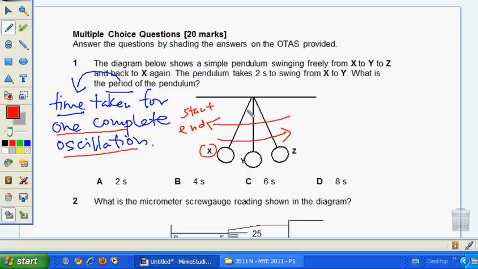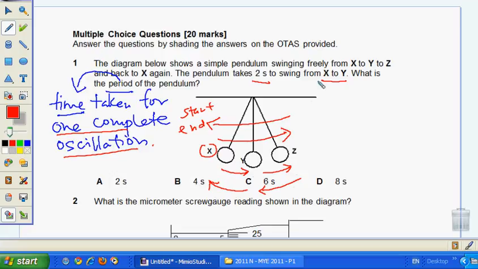Now we go back to the question. It says it takes 2 seconds to swing from X to Y, only X to Y. If you notice, X to Y is a quarter of the whole duration. X to Y is one swing, Y to Z is one swing, Z to Y is one swing, and Y to X is one swing.